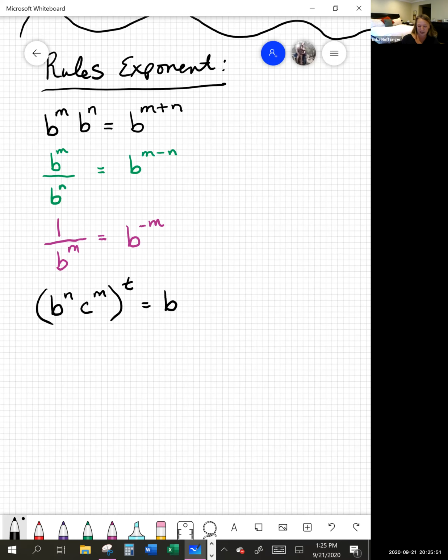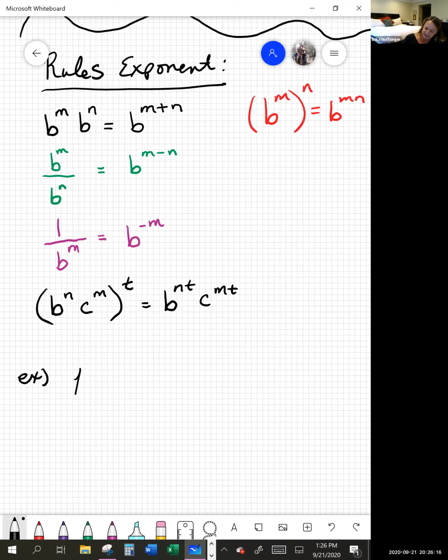Power to power is multiplication. So this would be b raised to the nt and c raised to the mt. Maybe I should just do that one real quick. b to the m, all to the nth, power to power, you multiply your exponents.